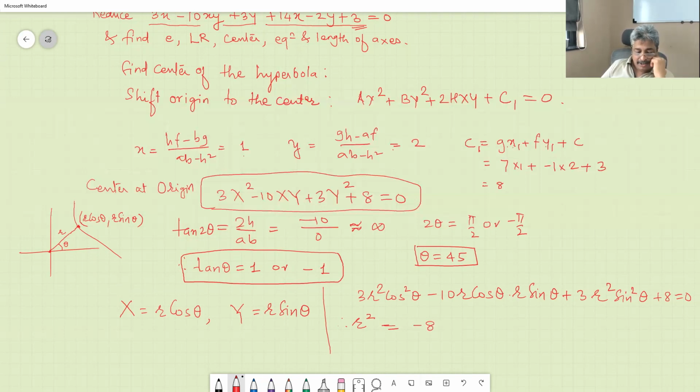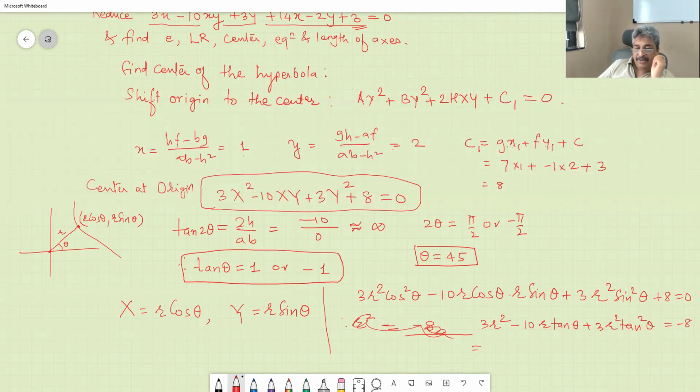And therefore, I will write r square equal to minus 8 in the numerator divided by, okay, before that what I can do is, I am okay with tan theta and I am not okay with sin and cos, therefore I divide everything by cos square theta. So I get 3r square minus 10 r square tan theta plus 3r square tan square theta is equal to minus 8.